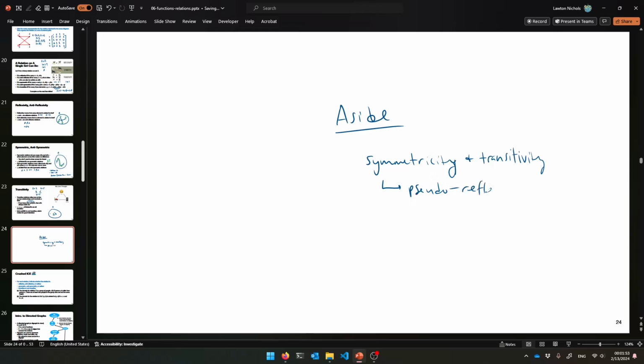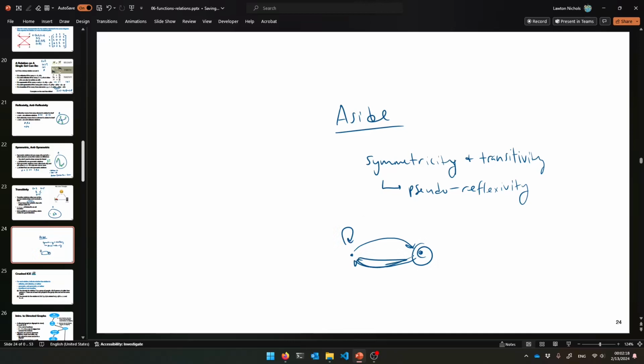Let me show you why. So if you have, for example, this is your set, and you have a relation on it, and you know that it's symmetric, so if you have this arrow, you must have this one. And then you know that it's a transitive relation, so that means if you have this arrow and this arrow, you can go straight from there to there, which is it to itself. You see that? And then also this one.